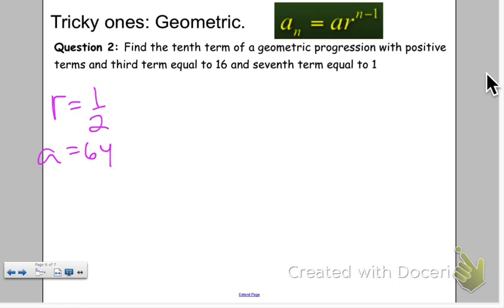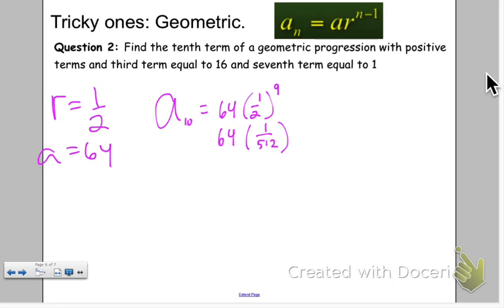So I'm going to plug that into my formula, and that gives me my 10th term is equal to 64 times 1/2 to the, what do I want, 10th term? So to the 10 minus 1 is 9, and that's going to give me 64 times 1 over 512.